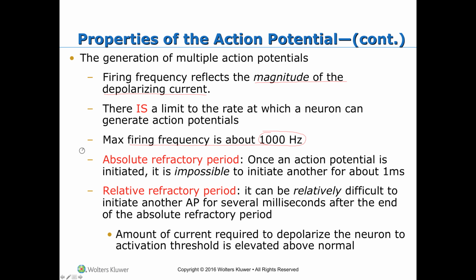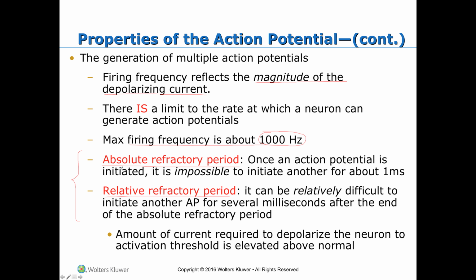Now, there are two other terms that we should be familiar with when we're looking at the action potential. That's the absolute refractory period and the relative refractory period. The absolute refractory period is once an action potential is initiated, it is impossible to initiate another one for about a millisecond. The absolute refractory period is due to the fact that voltage-gated sodium channels are tightly closed. You cannot open those again for about a millisecond.